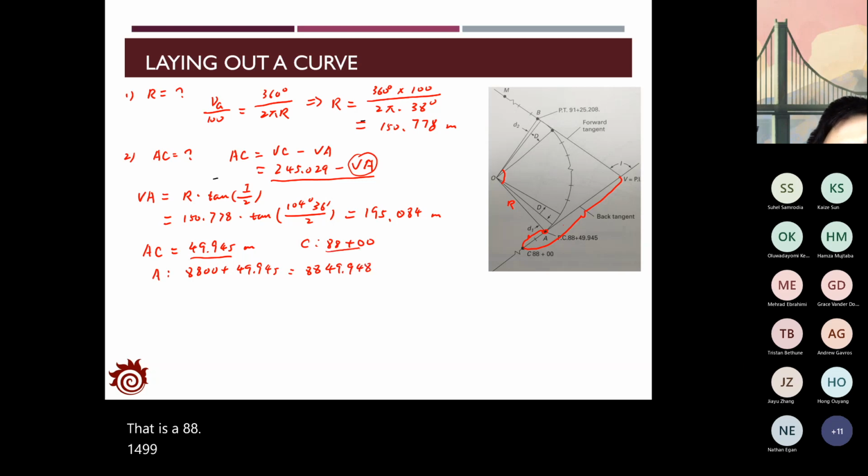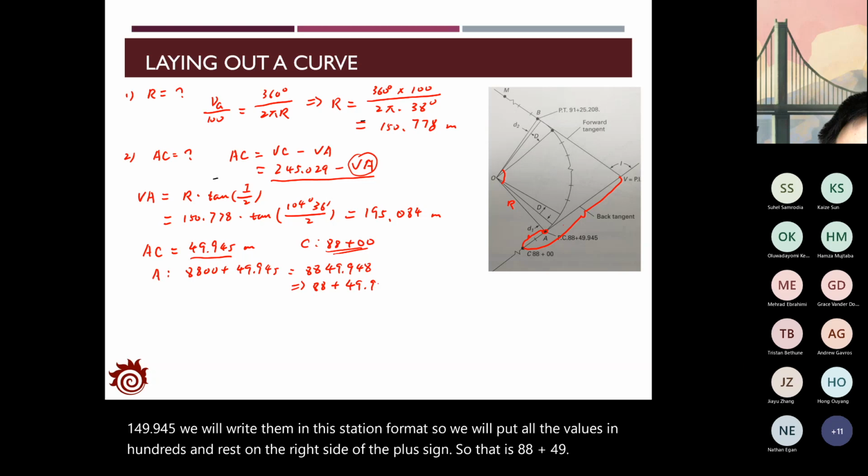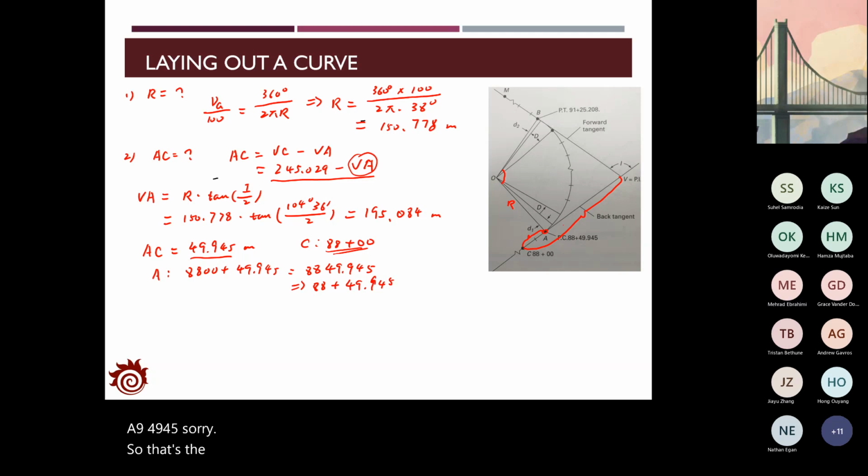We will write them in the station format. So we put all the values in hundreds on the left and the rest on the right side of the plus sign. So that is 88+49.945. So that's the station of point A.